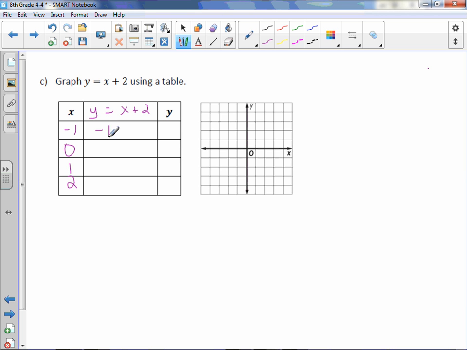So negative 1 plus 2 is 1. 0 plus 2 is 2. 1 plus 2 is 3. 2 plus 2 is 4. So negative 1, 1.